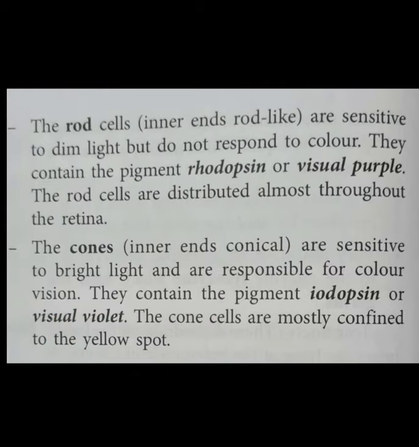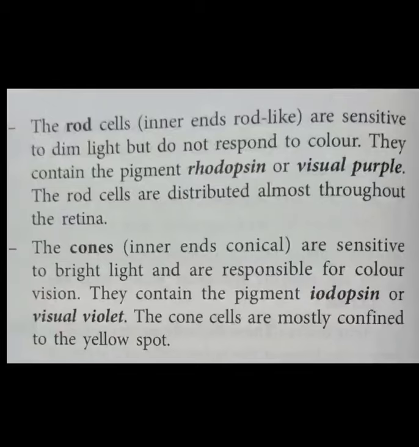Again I am repeating, the innermost layer of the eye is the retina. It contains two types of photoreceptors, rods and cones. Together these photoreceptors help us to see things. Rod cells are sensitive to dim light, means they help us to see things in low light or in the dark, but they do not respond to color.